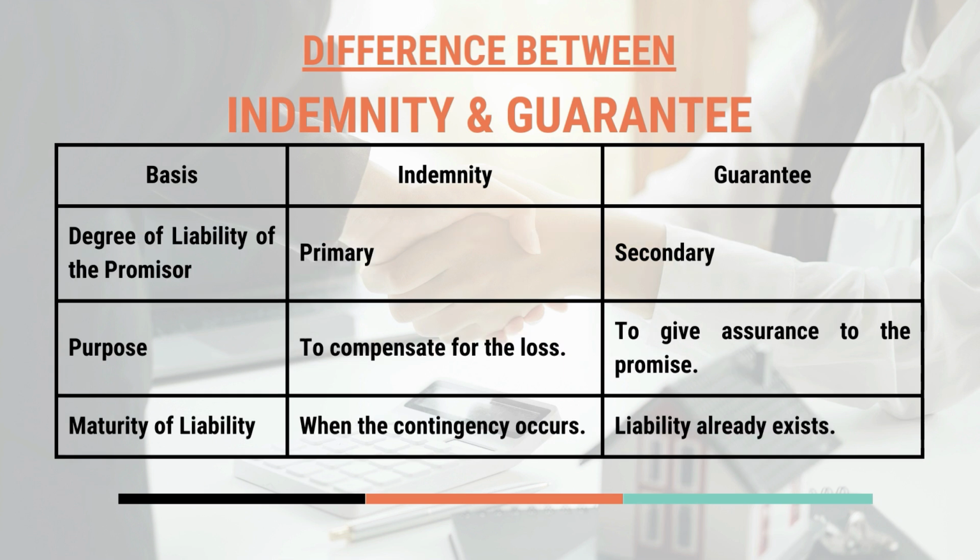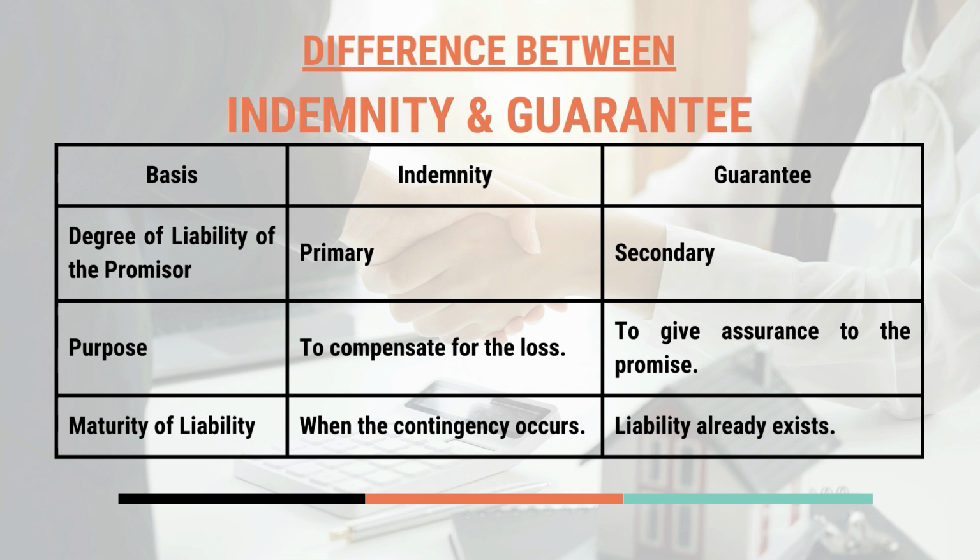Now, degree of liability. Under the contract of indemnity, the promisor liability is primary. He has to make the loss good. Whereas in the case of guarantee, the liability of a surety is secondary. Purpose. The contract of indemnity is to compensate for the loss.